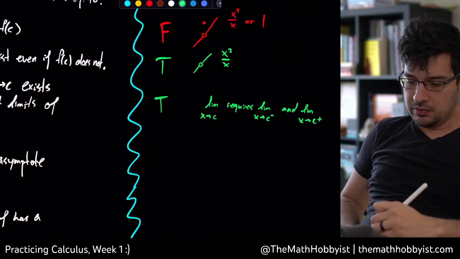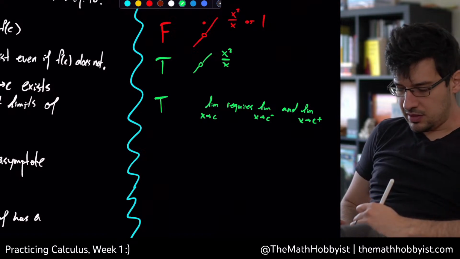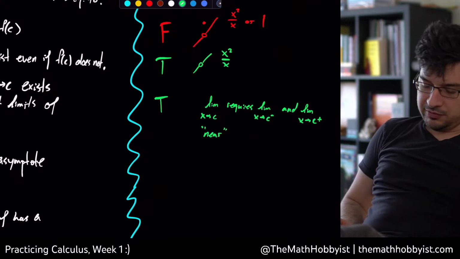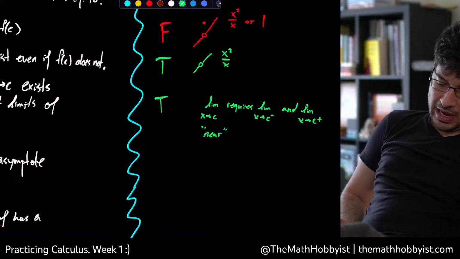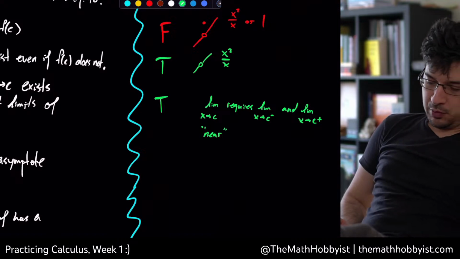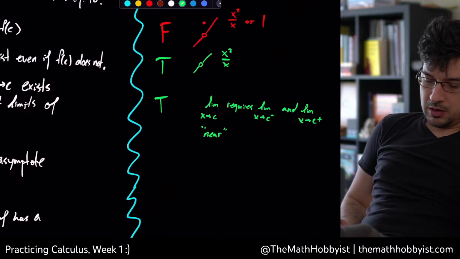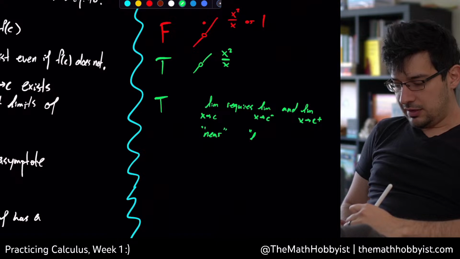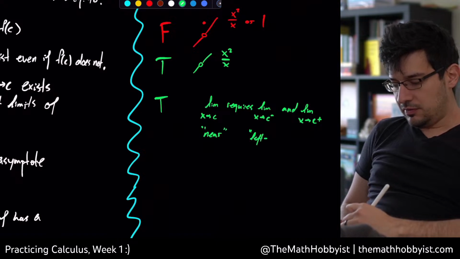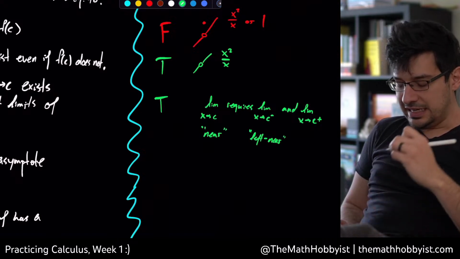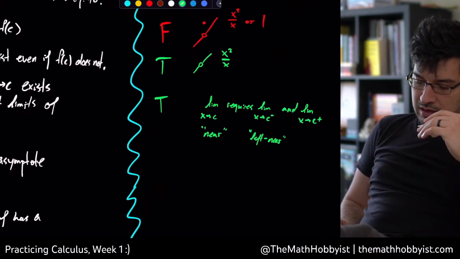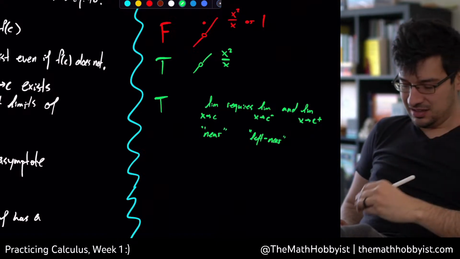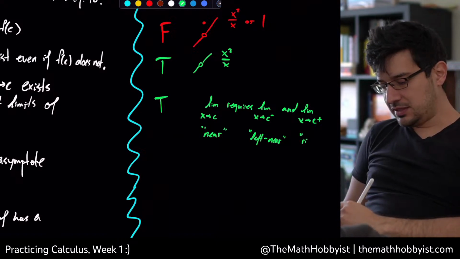And that's because I would say the real reason is that this one is defined as all y values near that point are near another number. And this one is like all values near c to the left, like I'm going to call that left near, and this one is right near.